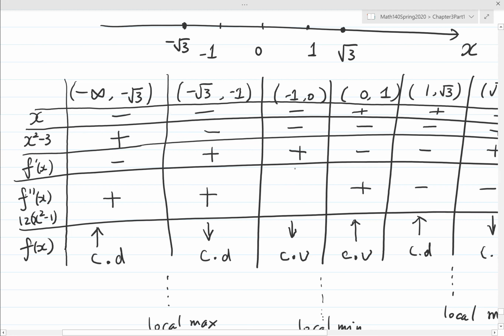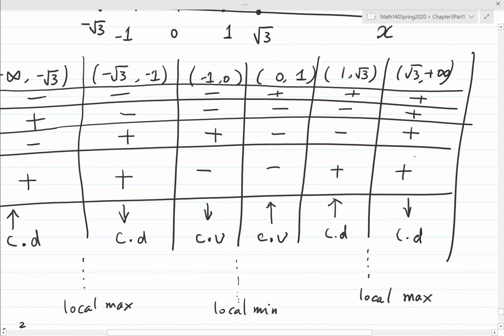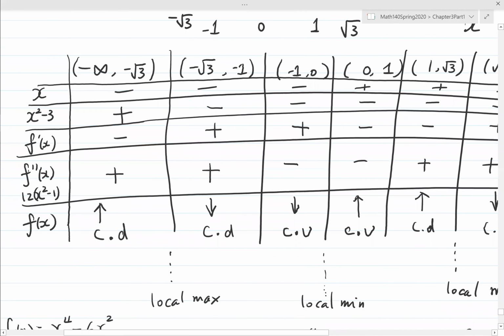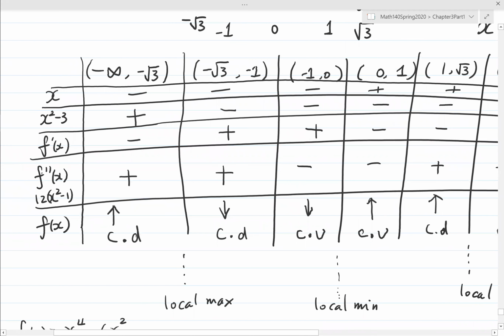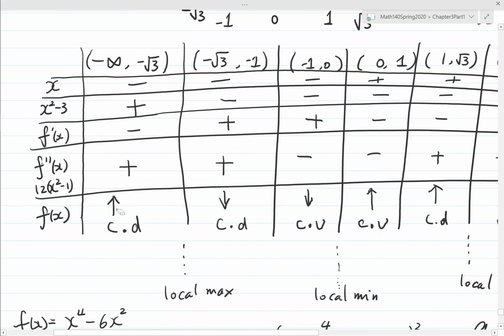This is negative, this is negative, this is positive, this is positive. Then we actually need to totally change it. Sorry, what I did. So it's decreasing, concave up.